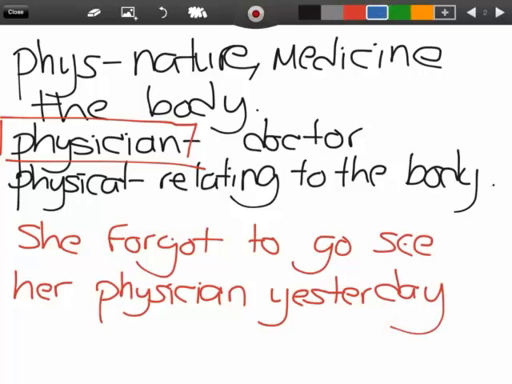I'm going to read that to you. She forgot to go see her physician yesterday. This is a very important root, so I'm going to put a star here, and I'm going to put this in a box.